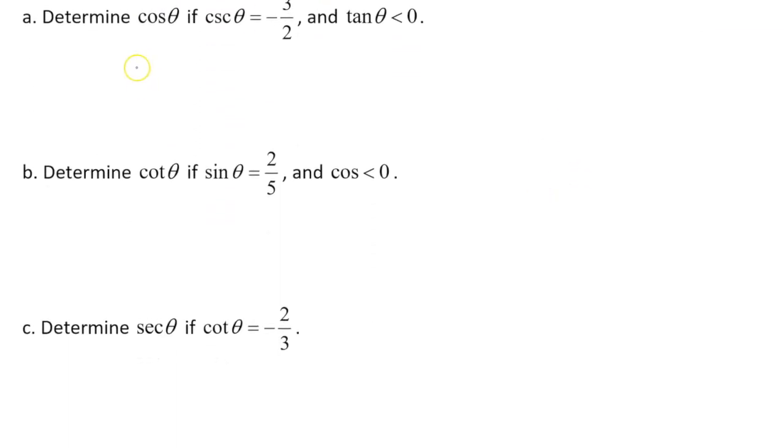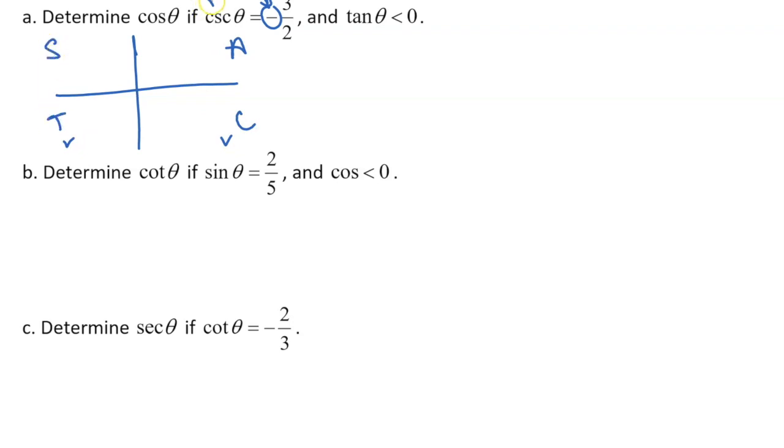So let's draw our x and y axis, and cosecant is negative. So if cosecant is negative, cosecant pairs up, remember, with the sine ratio. So if cosecant pairs up with the sine ratio and it's negative, then we know we're either in quadrant 3 or quadrant 4.